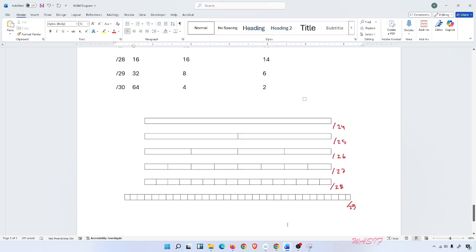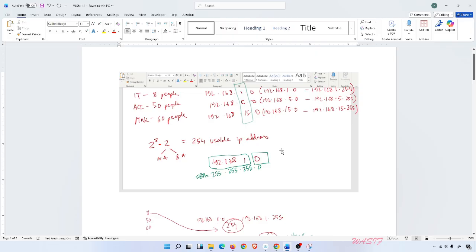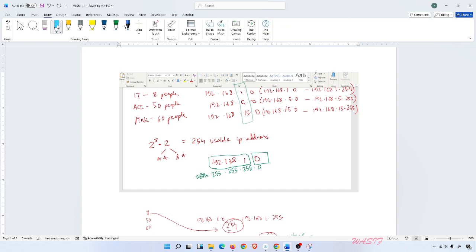Let me take some requirements. I have given 3 requirements. What are they? There is the IT department, the accounting department, and the marketing department. IT has 8 people, accounting 50, marketing 60. So I need 60 IP addresses for marketing, 50 IP addresses for accounting, and 8 IP addresses for IT.